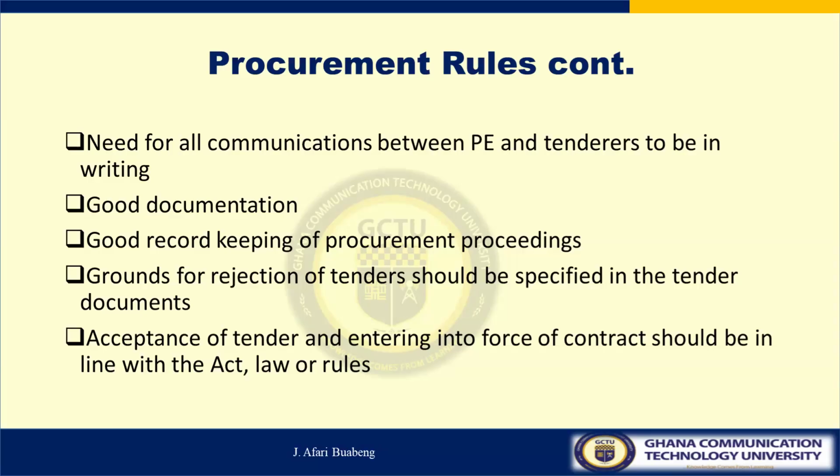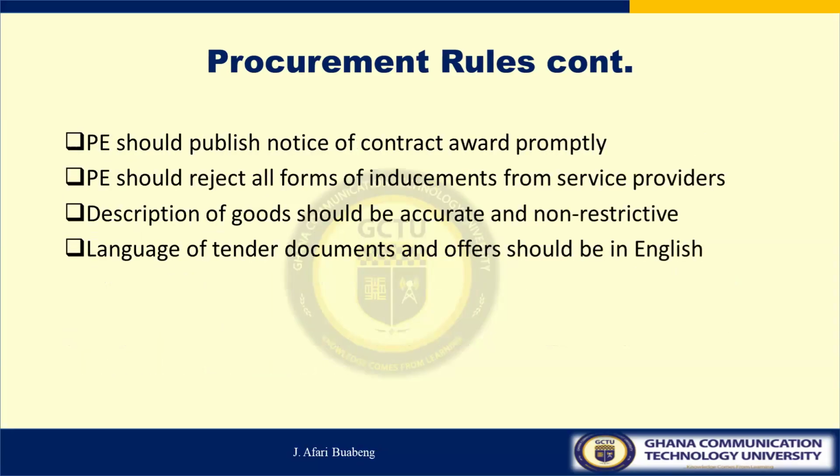And then acceptance of tender and entering into force of contract should be in line with the act, the law, or the guidelines in case it's within the private sector. And then the last parts of the rules, procurement entities should publish notice of contract award promptly.